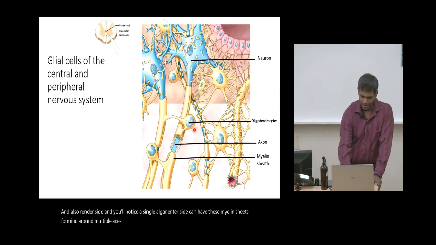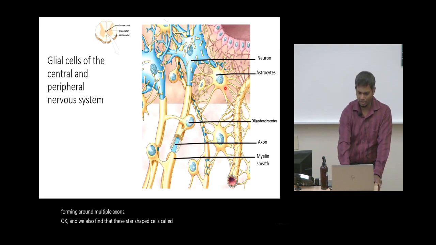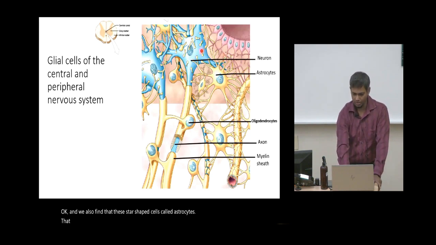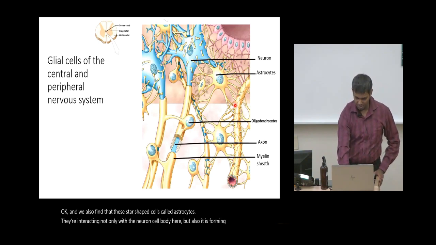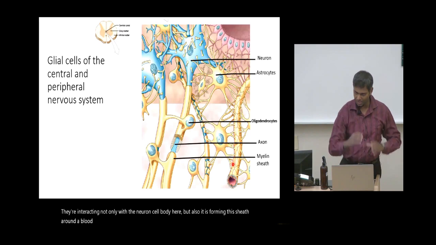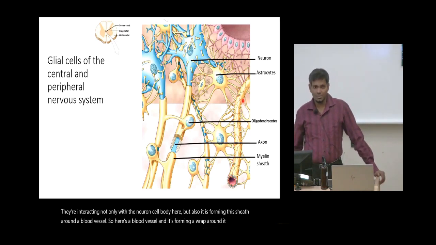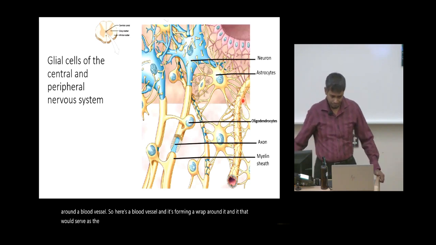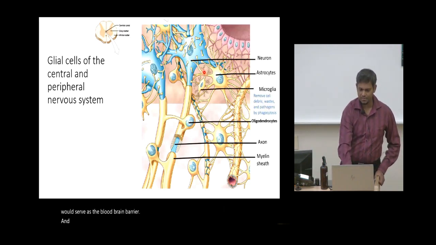And we also find there are these star-shaped cells called astrocytes. They are interacting not only with the neuron cell body here, but also forming this sheath around a blood vessel. So here's a blood vessel, and it's forming a wrap around it, and that will serve as the blood-brain barrier. There are also these smaller cells called microglia.